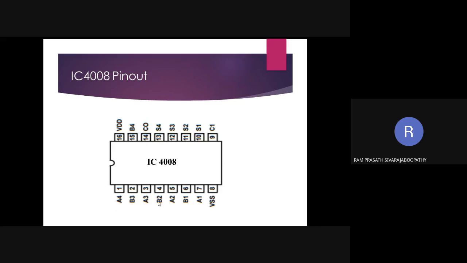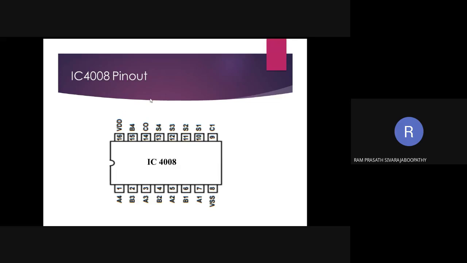Then B1, B2, B3, B4 are the pins for the second data input. Then S1, S2, S3, S4 are nothing but the sum output of the addition of A and B. Then C1 is the initial carry and C0 is the final carry out.